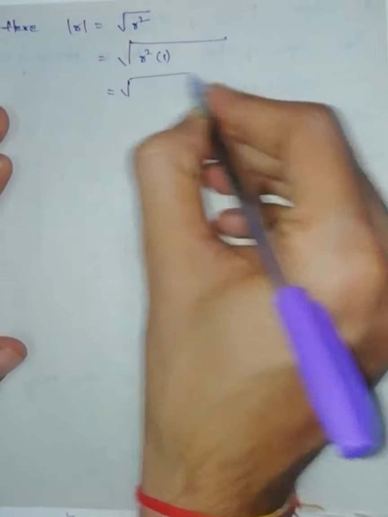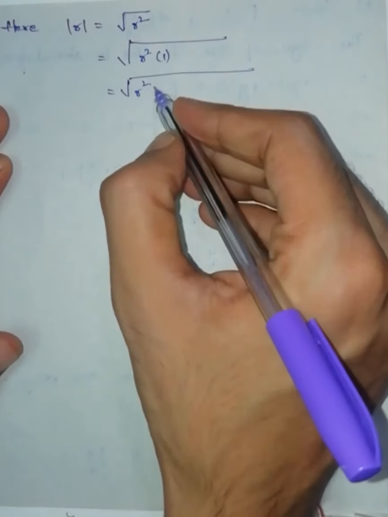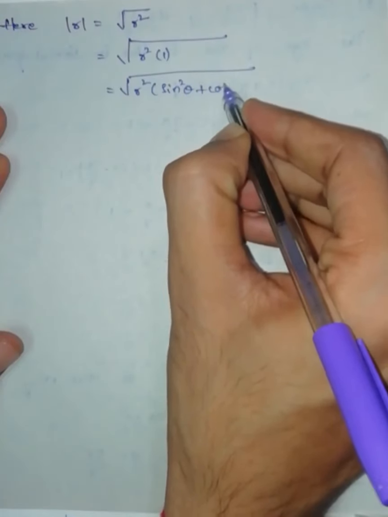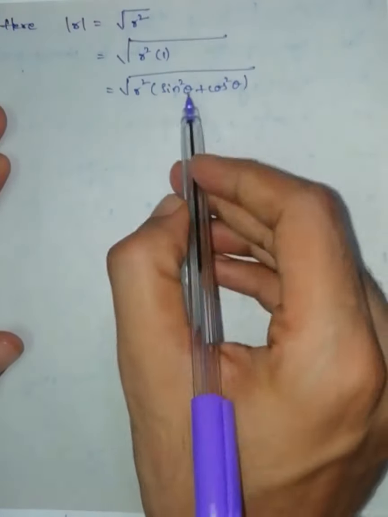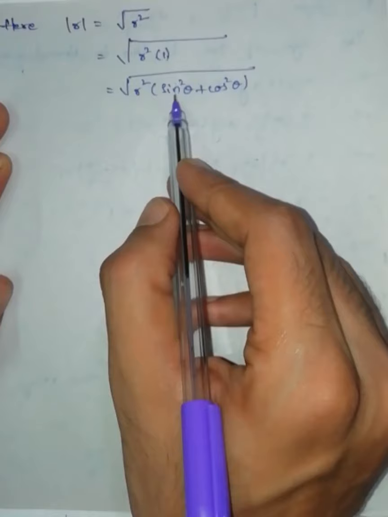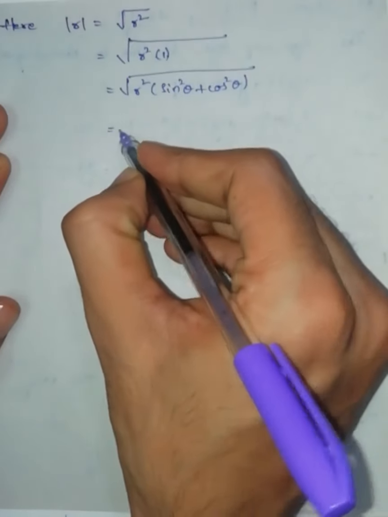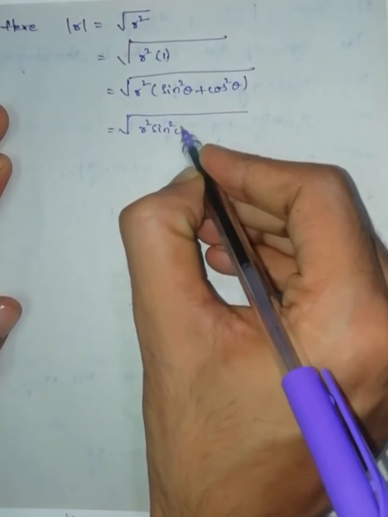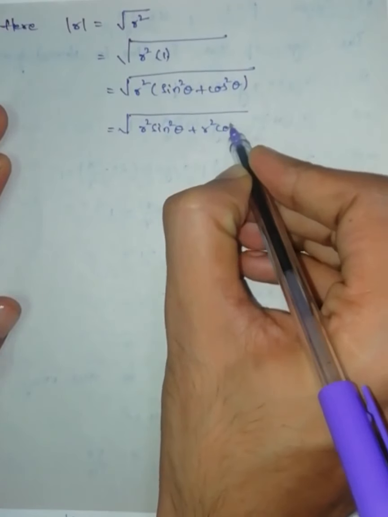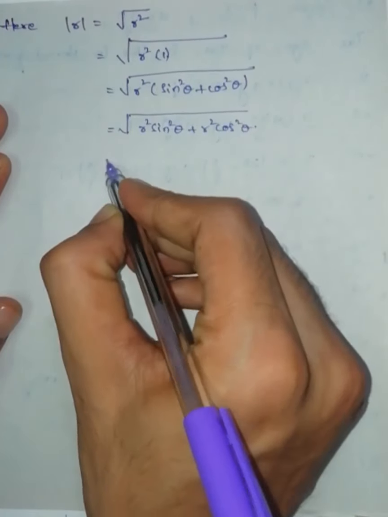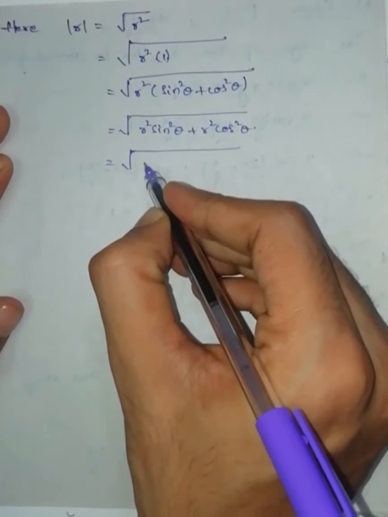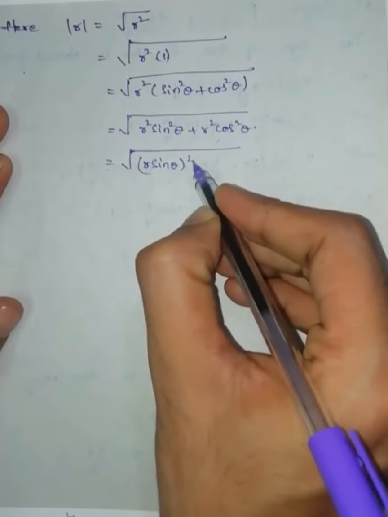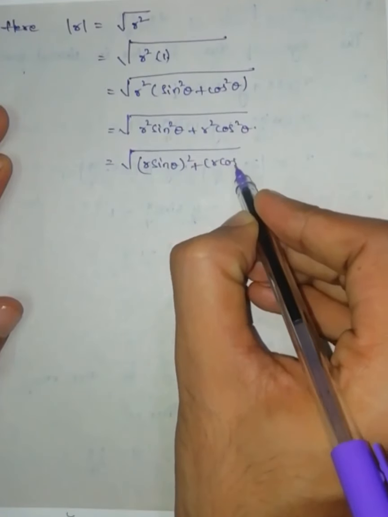Since we know that sin square theta plus cos square theta value is 1, so in place of 1 I am going to write sin square theta plus cos square theta. This one can be written as r square sin square theta plus r square cos square theta. This implies this one is r sin theta whole square plus r cos theta whole square.